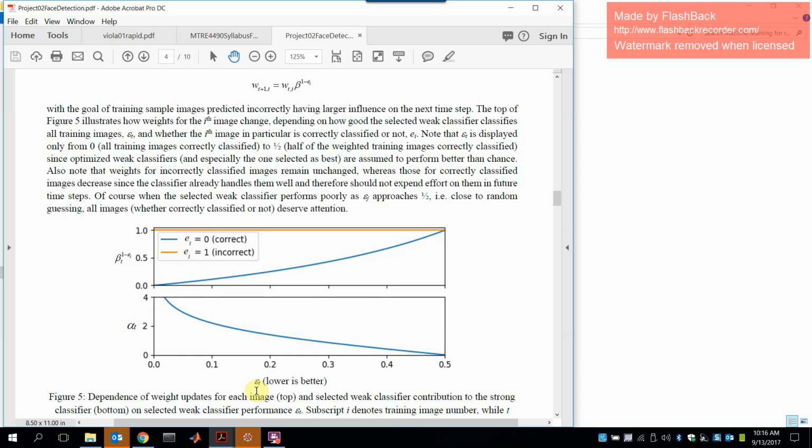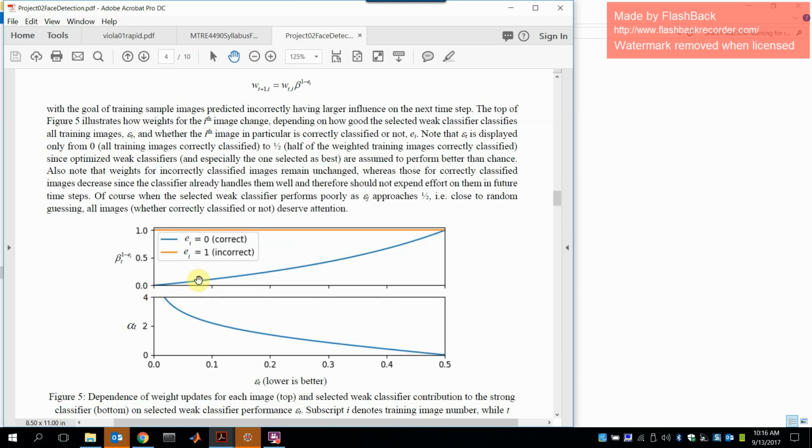Okay, so if epsilon t is 0, that means that every image was correctly selected. Okay, so if every image is correctly selected, then all of the weights, actually for all of them, will get set to 0, because I've already got all the images right. There's no need to do anything more because that thing got every image right. So all the weights are going to be decreased to 0 so that nothing's going to change later on.